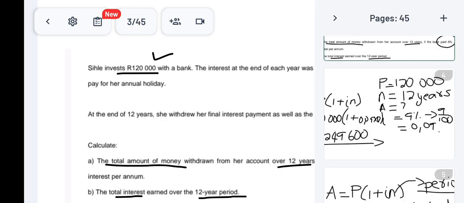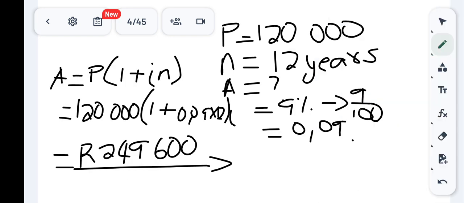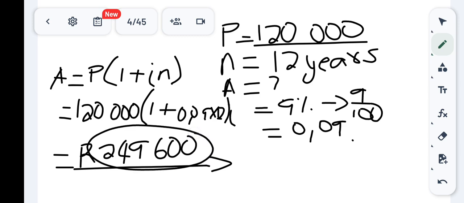Let's compare here. We've got 120,000, that is her initial investment, but in return she now has 249,600. What does that mean? It means there is an extra amount of money that she earned.